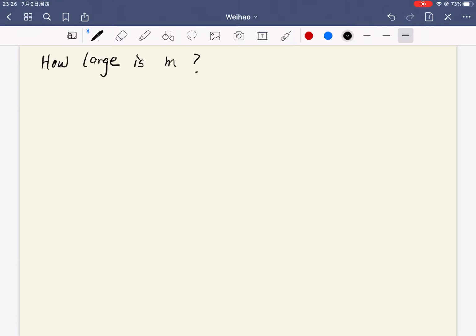Here, I do not show it, but you can search on Google covering and packing number, which is a very standard result. We can take, for example, epsilon equal to 1 over 4, and then M can be taken to be 9 to the power P.